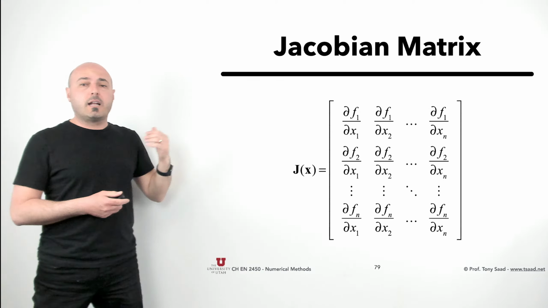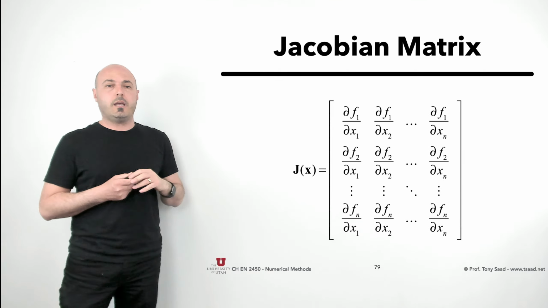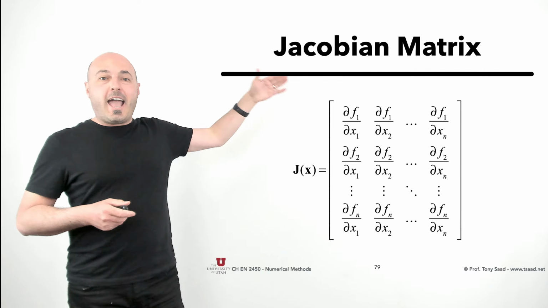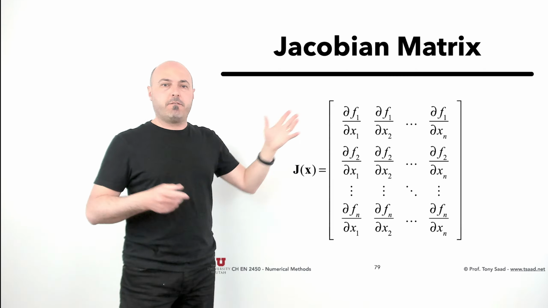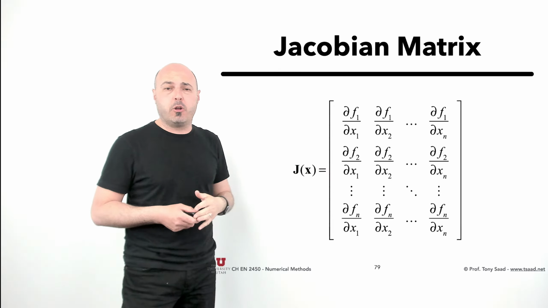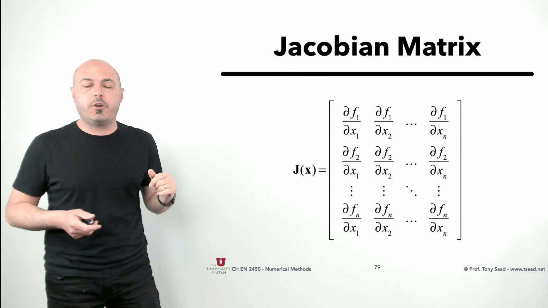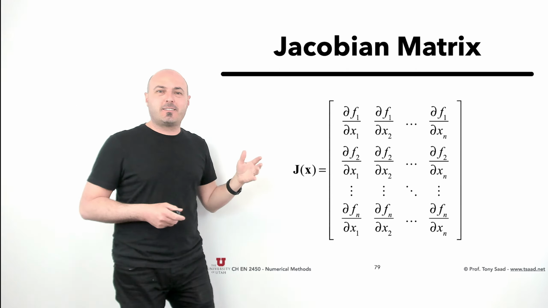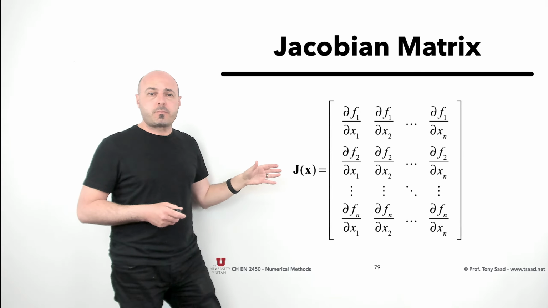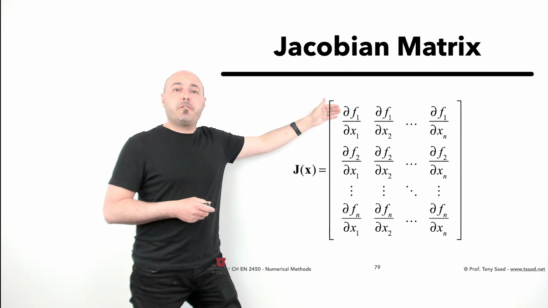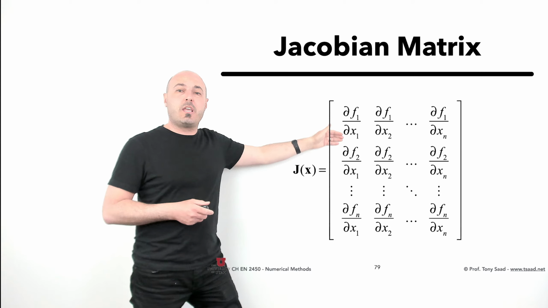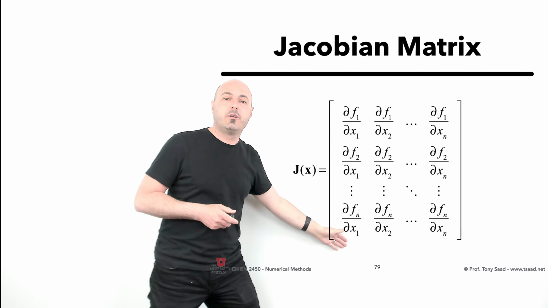Now pay close attention to the Jacobian matrix, okay? For a system of n residual functions and n unknowns, okay? 4 residual functions, 4 unknowns, 15 residual functions, 15 unknowns. The Jacobian matrix always has the same structure. If you go column-wise, you differentiate with respect to the first unknown, okay?